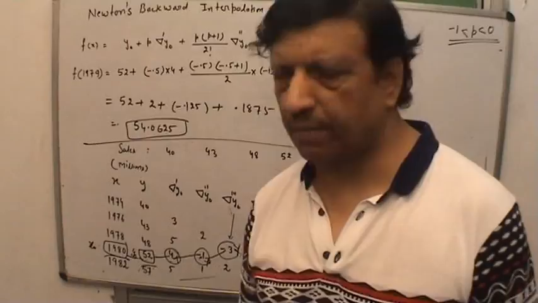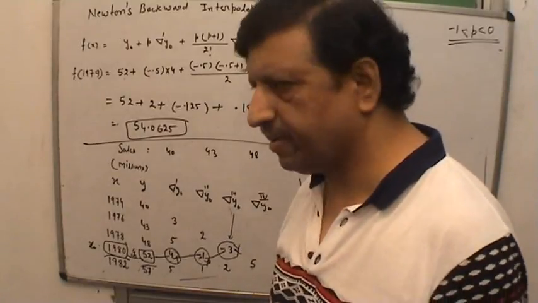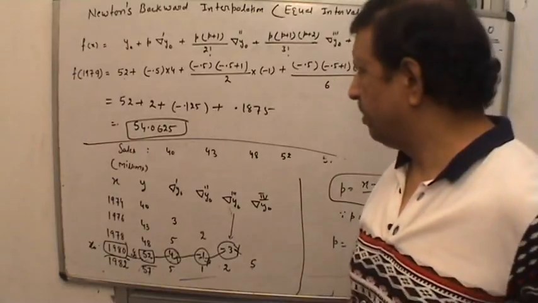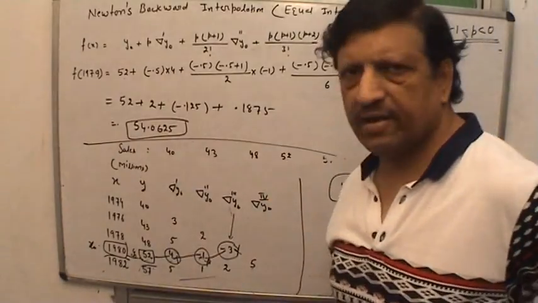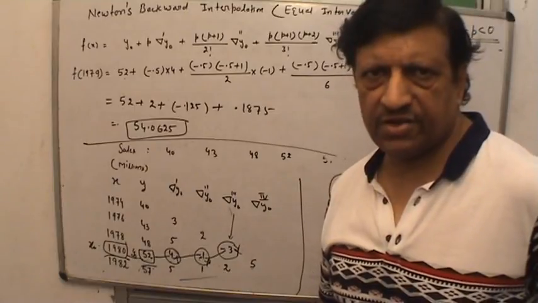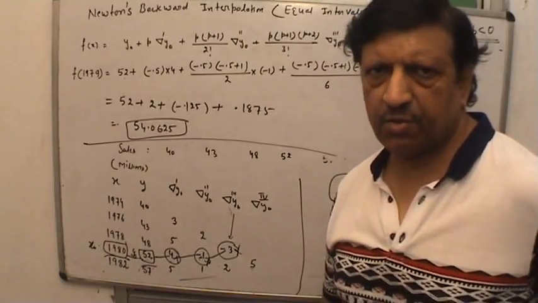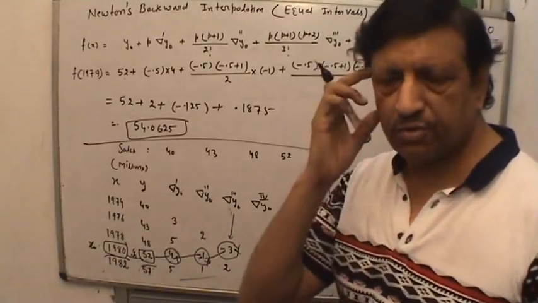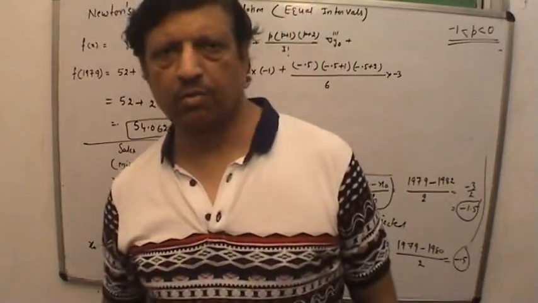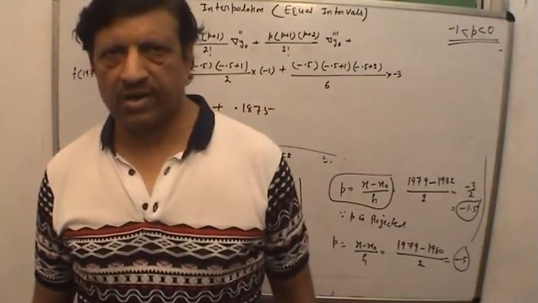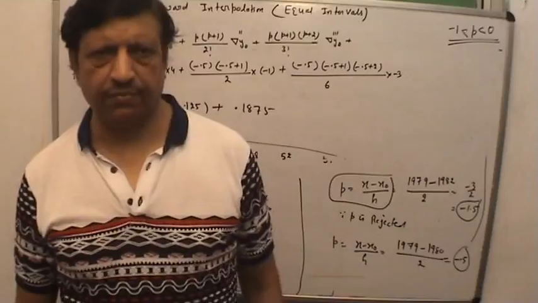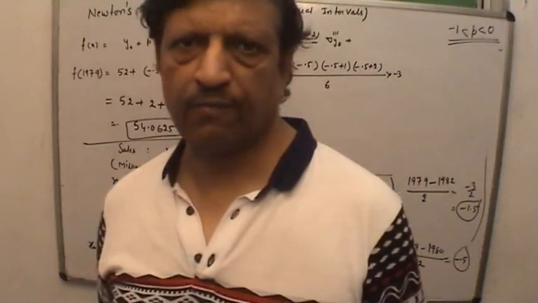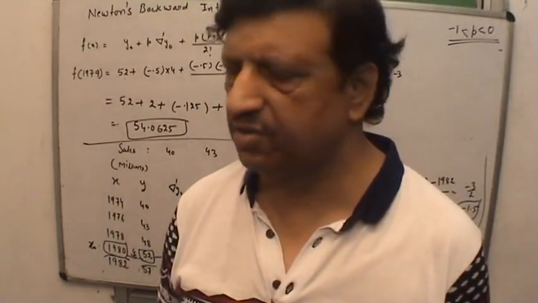Now in this way we apply the forward difference and the backward difference to the given data, keeping in mind, first point, the height of the data is same. It means the interval is same, h is same. Second point, if the point of interpolation lies in the initial values of the data, we follow the rules of forward difference interpolation, and if it lies at the end of the data, we follow the rules for the backward difference interpolation.